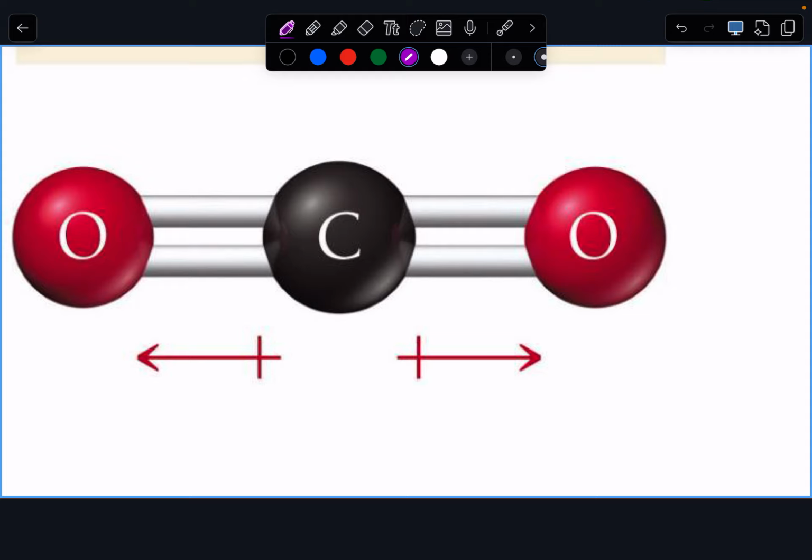So here's the big thesis statement. If you have a polar bond, but you have an equivalent polar bond in the opposite direction, the molecule will actually not behave like it has any partial charge.